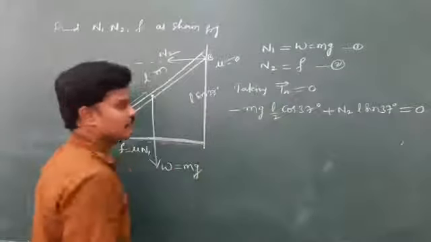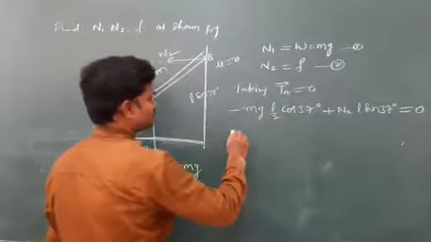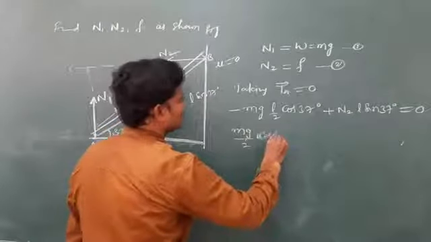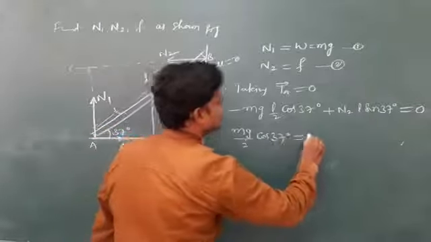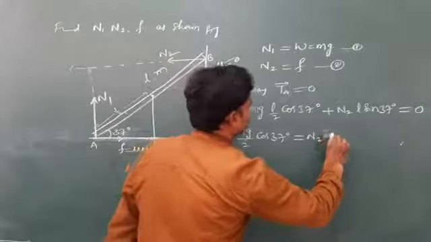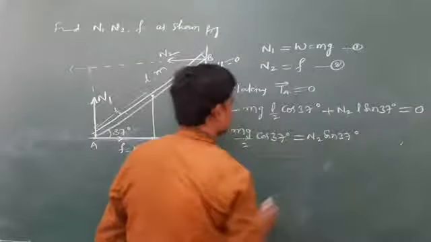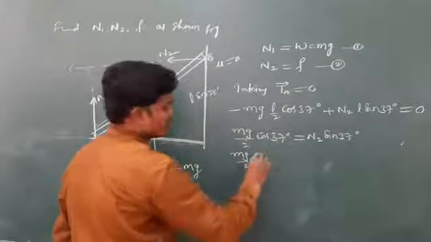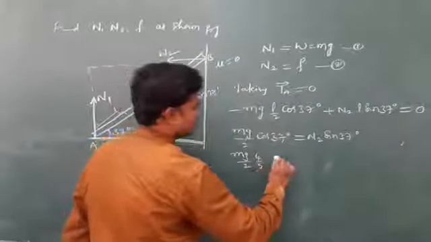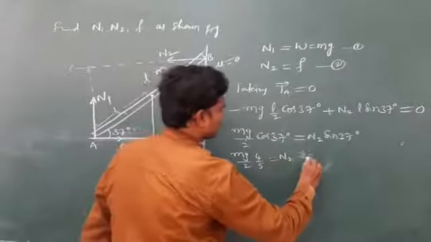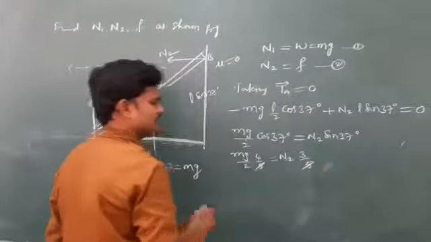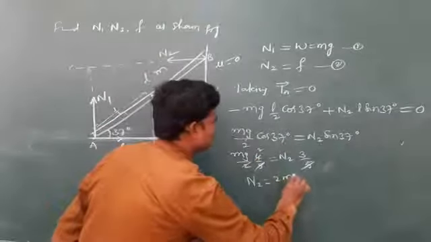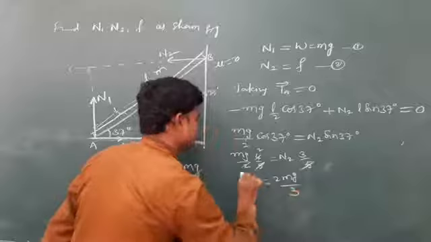So L you can strike off and equate both. So mg by 2 cos 37 equals N2 sin 37. Substituting the values, cos 37 is 4 by 5 and sin 37 is 3 by 5. Now I got N2 as 2mg by 3.